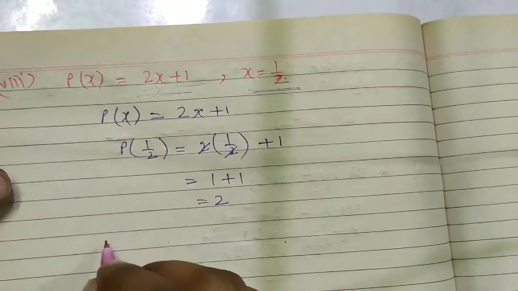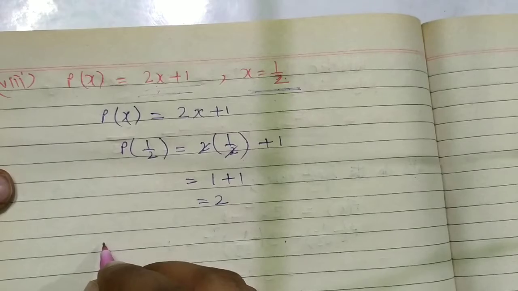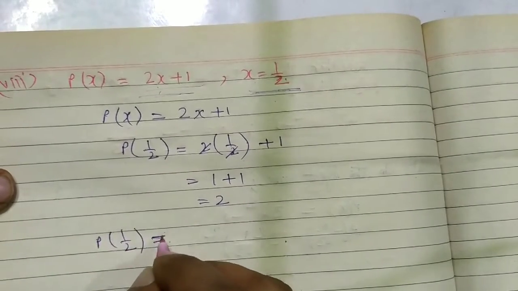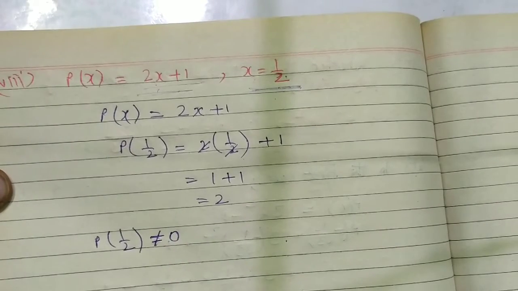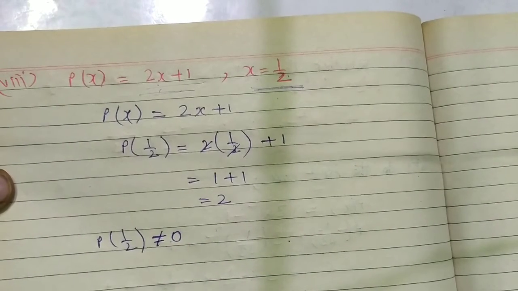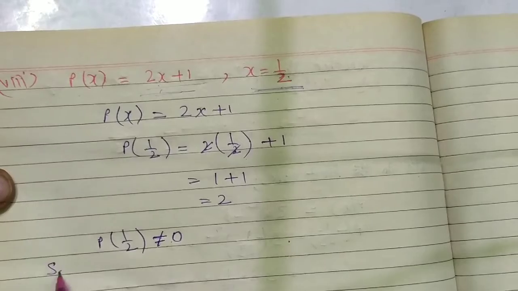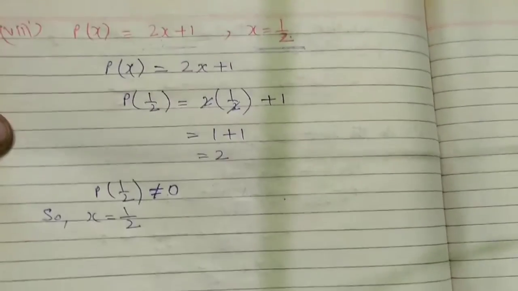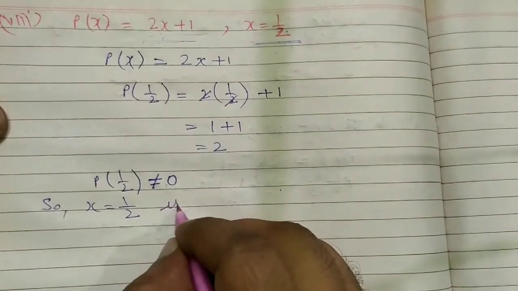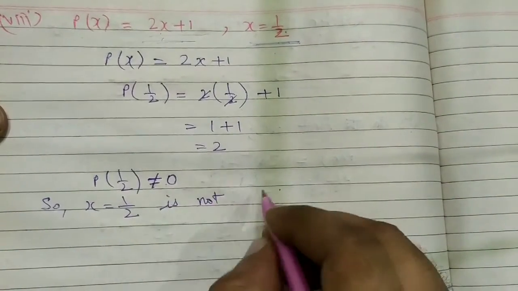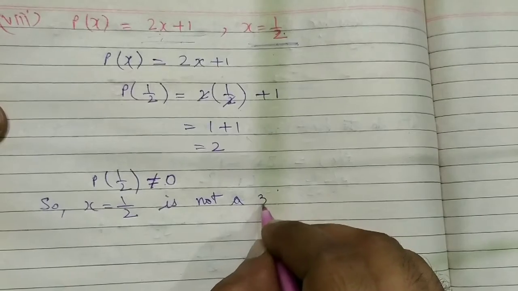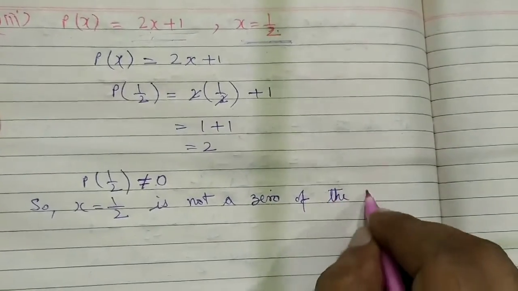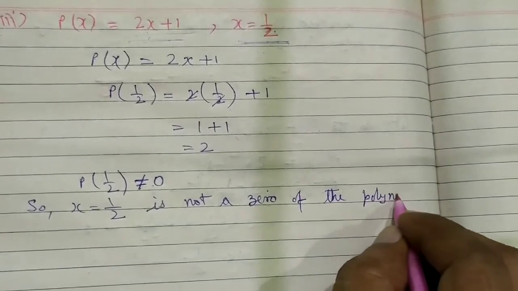So we can say that p(1 upon 2) is not equal to 0, right? So it is not a zero of the polynomial. So x is equal to 1 upon 2 is not a zero of the polynomial, right?